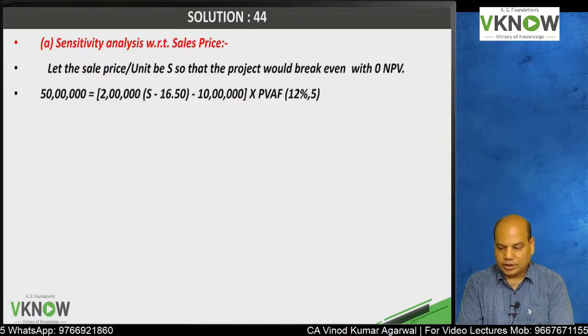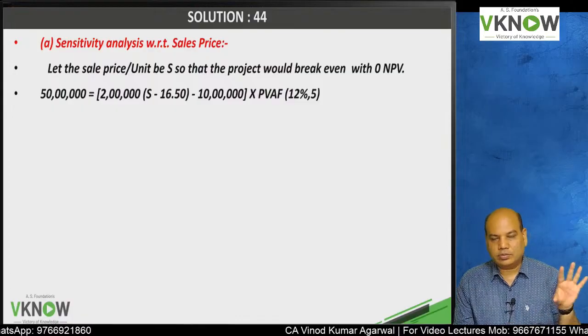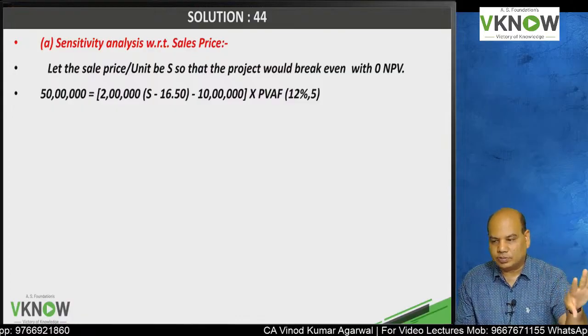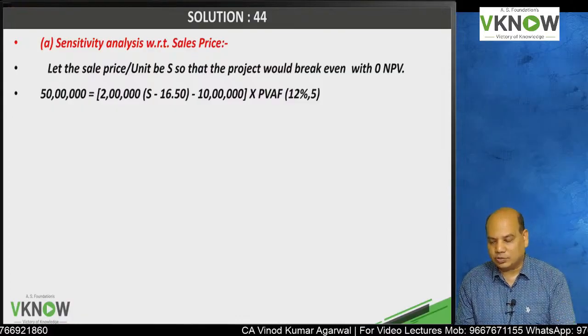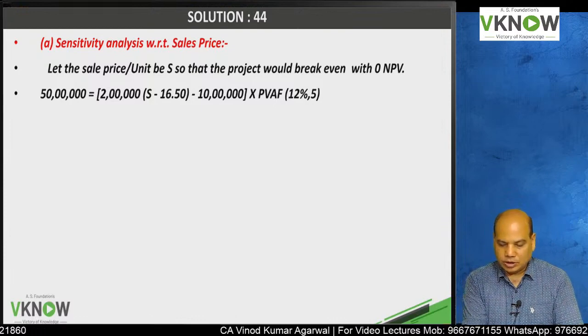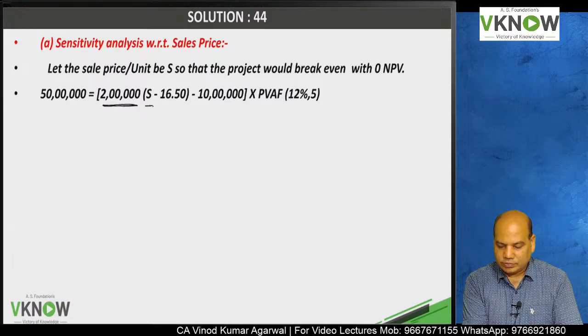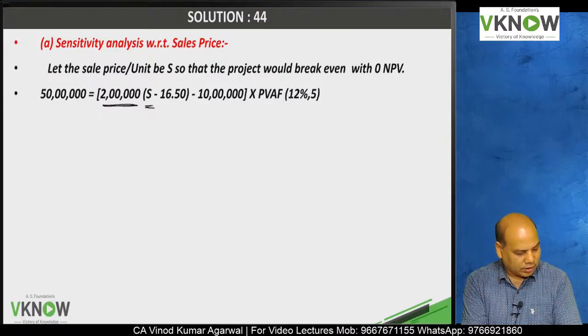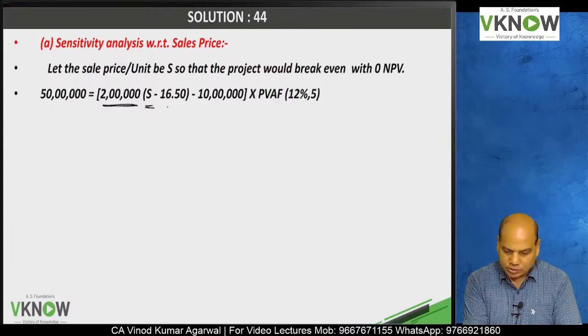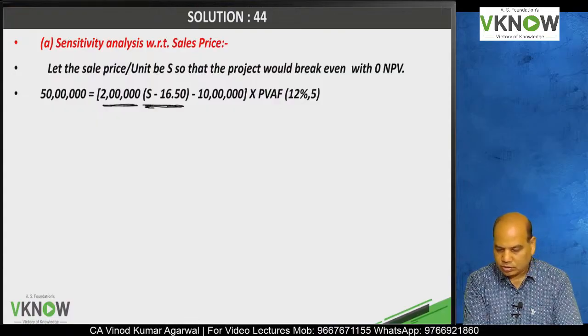Now I am going to write an equation. The PV of cash inflow should be 50 lakh, 50 lakh on the left side of the equation. Quantity sold 2 lakh. Selling price is missing, we will take it as S. Variable cost is 16.50, so this is the contribution.